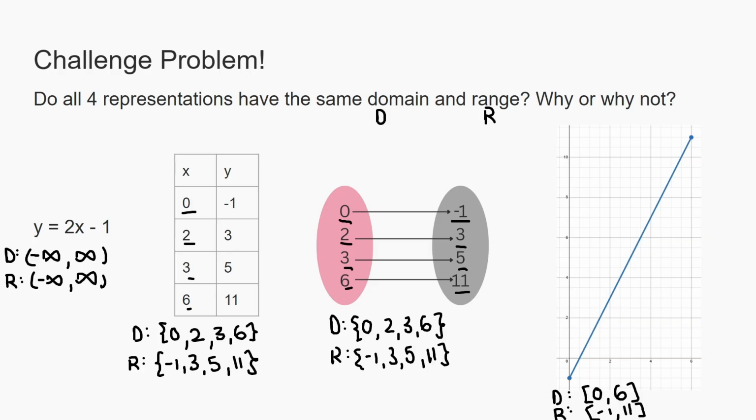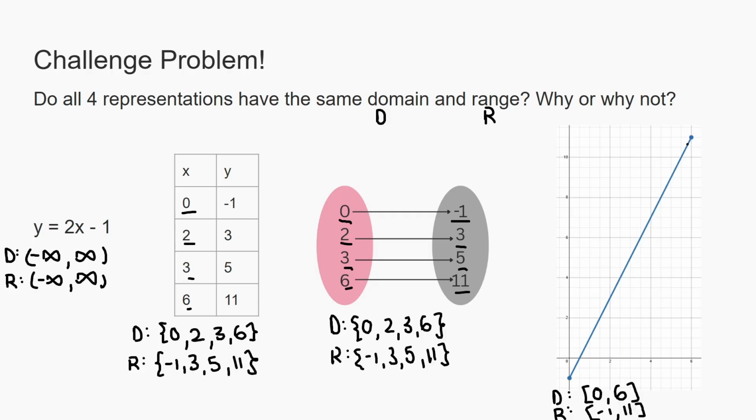So, although these are all representations of a part or the whole thing of y equals 2x minus 1, the domain and range do change based on how you present it. For example, when you write it as the full equation, our domain and range are sometimes bigger because it has all the potential solutions. When we write something in a table or a mapping diagram, our domain and range are only the exact points that are given to us.